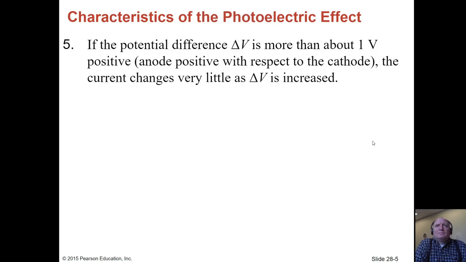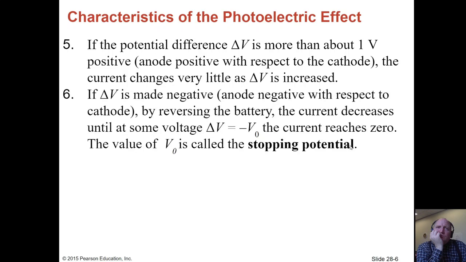So then the next part: if the potential difference, delta V, is more than about 1 volt positive, anode positive with respect to cathode, the current changes very little as delta V is increased. So we'll take a look to see if that's what happens. And if delta V is made negative, the anode negative with respect to the cathode, by reversing the battery, the current decreases until at some voltage, we're going to say negative V naught, the current reaches 0.